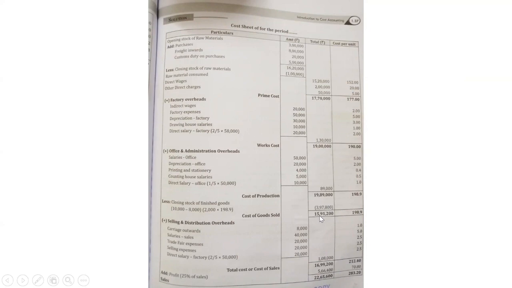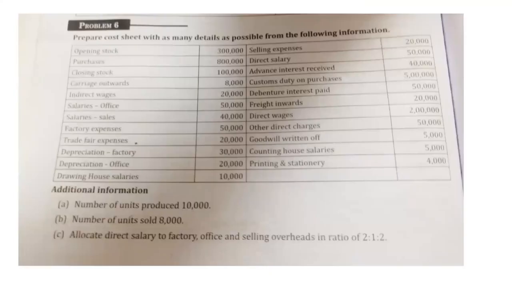Now, after cost of goods sold, we have to check the selling and distribution overhead. There is carriage outward, which, as you know, is related to selling and distribution overhead. Next is salary related to your sales. Here they have mentioned salary 40,000.